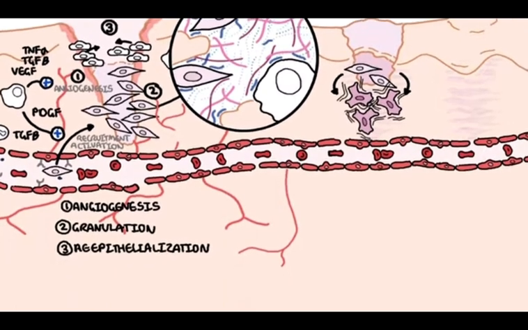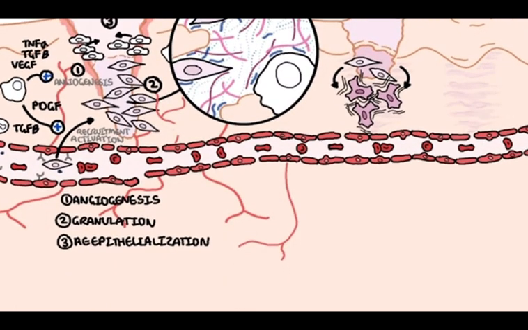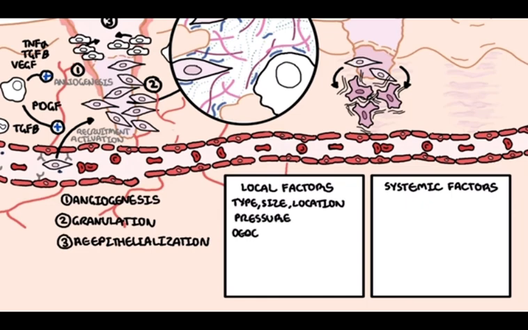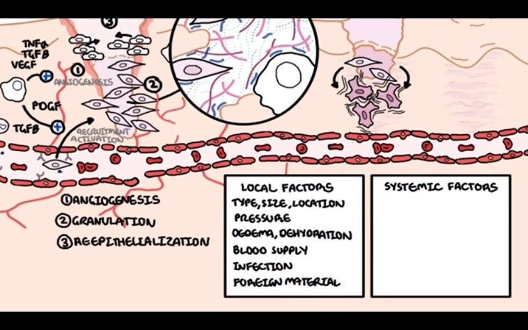But it's important to know that there are so many factors that can lead to impaired healing, and these factors can be divided into local factors or systemic factors. Local factors include the wound type, the wound size, and location. If there's pressure on the wound, if there's edema or dehydration, the blood supply to the wound, if there's an underlying infection or foreign material.